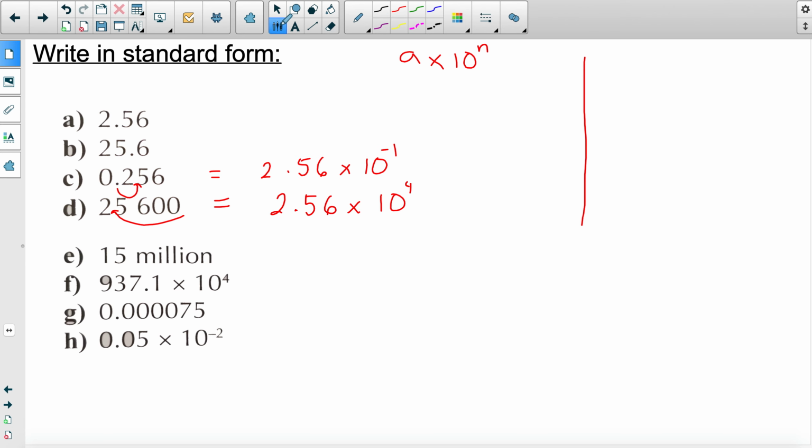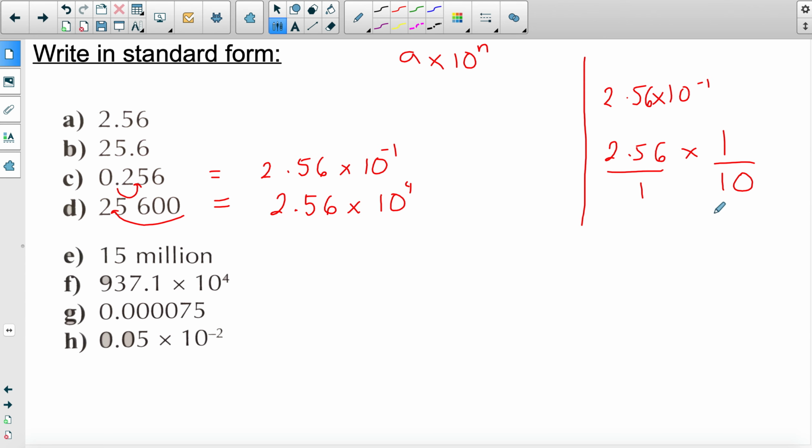Say 2.56 times 10 to the power of negative 1. Remember that a negative power means the reciprocal, so 2.56 times 1 over 10 to the power of 1. Basically this is you just dividing by 10.